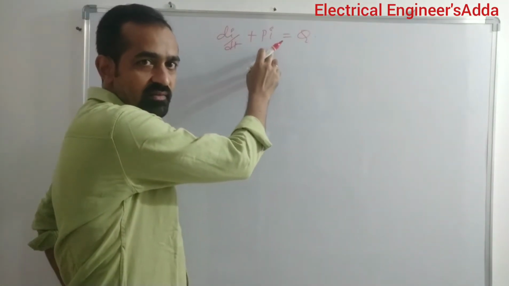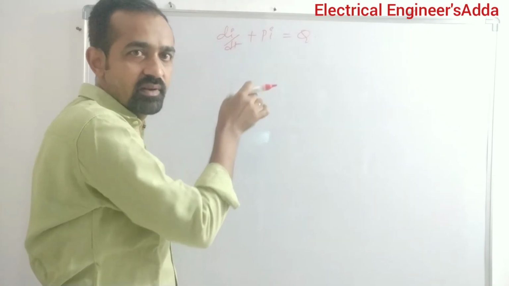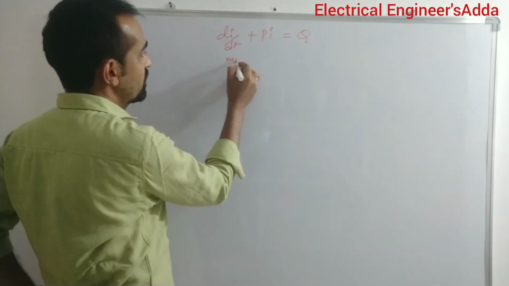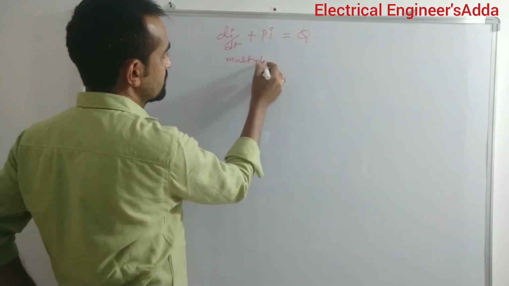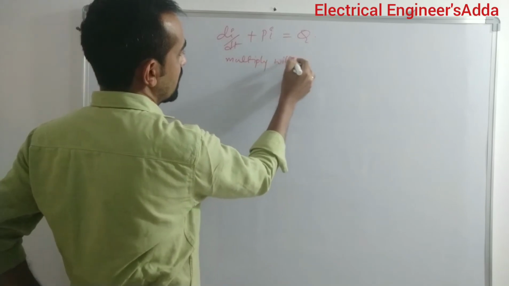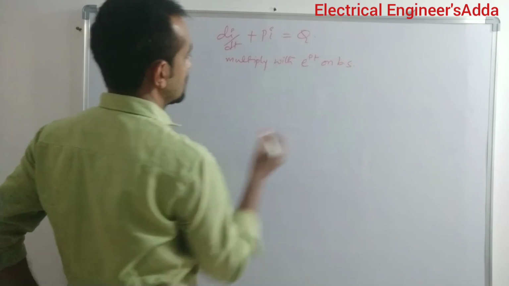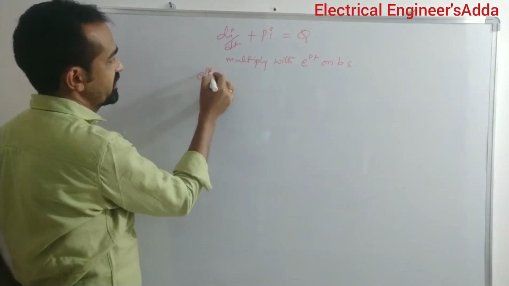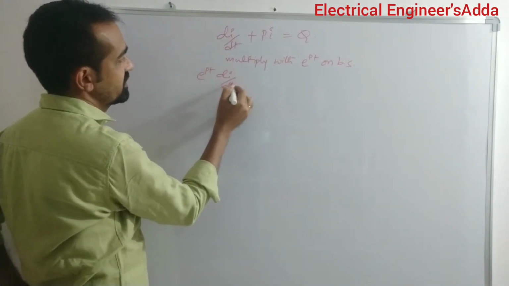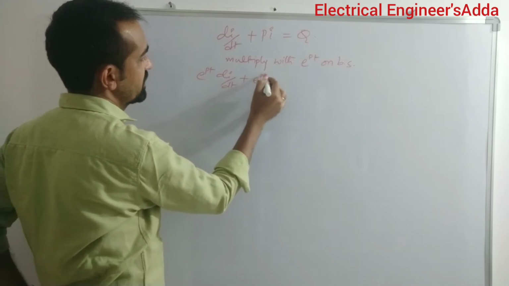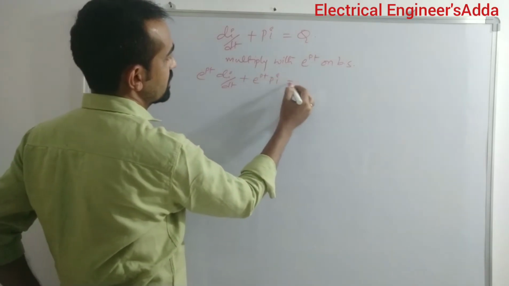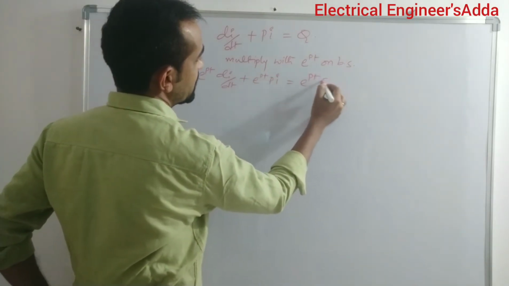To find the solution, multiply with e power of pt on both sides. Then e power of pt into di/dt plus e power of pt into p into i equals e power of pt into q.